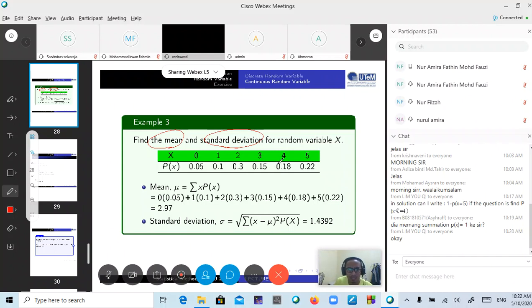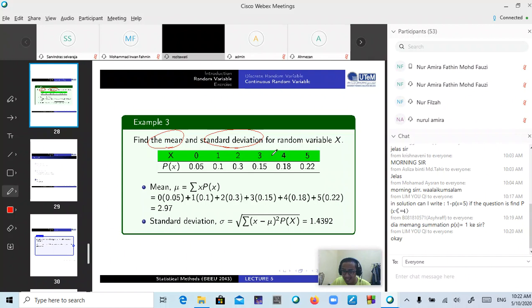Condition of probability kan ada dua. Summation of probability equal to 1 and then value of probability mesti start from 0 until 1. Dia tak boleh ada negatif, tak boleh ada lebih daripada 1. 1.2, 1.3 tu bukan probability dah. Probability tu start from 0 until 1 je.